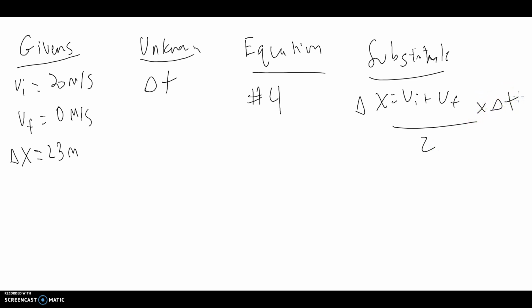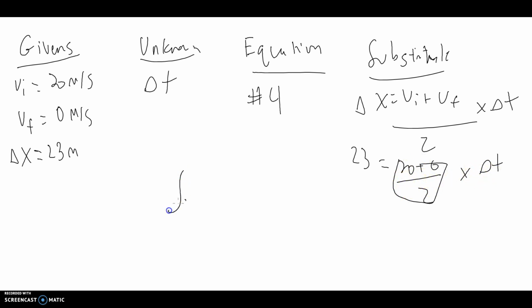So basically for this one, since we're solving for delta t, 23 equals 20 plus 0 divided by 2 times change in time. So what you want to do is plug this into your calculator and then divide 23 by this, because if you divide by this, you'll get delta t by yourself.